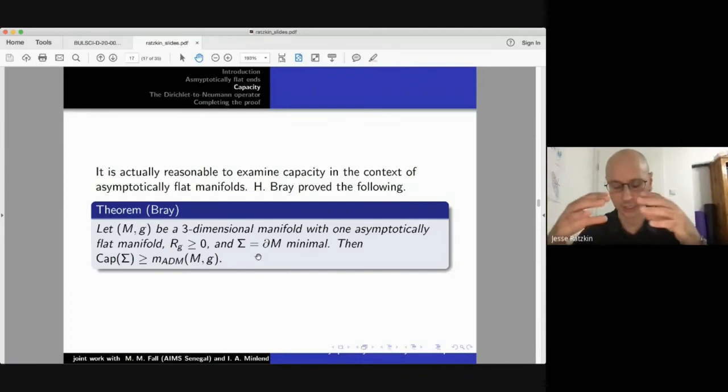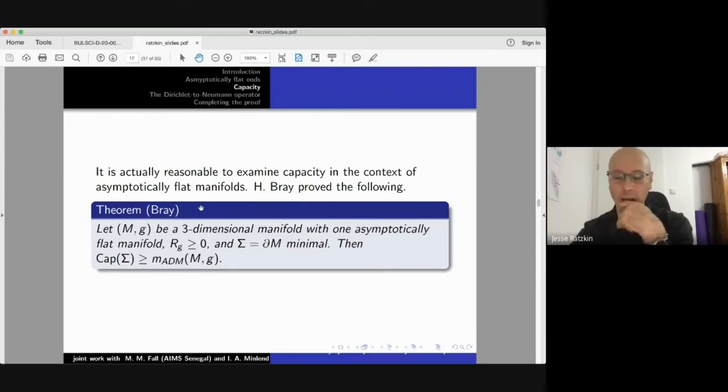The Penrose conjecture you should think of as a generalization of the positive mass theorem. Anyways, his theorem says that if you have a 3-dimensional manifold with 1 asymptotically flat end, and the boundary is minimal, then the capacity is greater than or equal to the ADM mass.